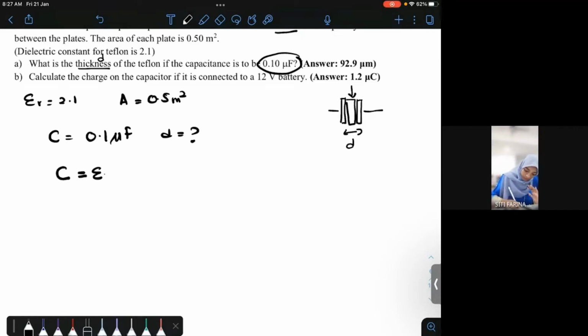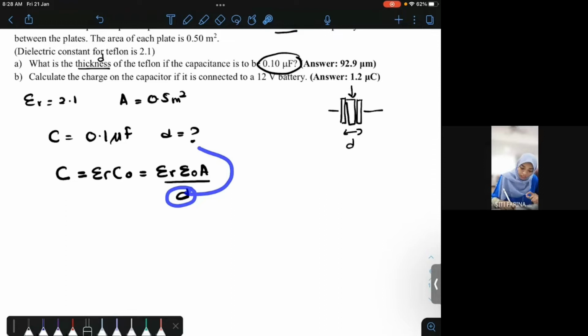So dia akan jadi epsilon R dengan C0. Okay, epsilon R, C0 adalah epsilon naught A over D. Alright, so sekarang dah wujud term D which we are looking for.